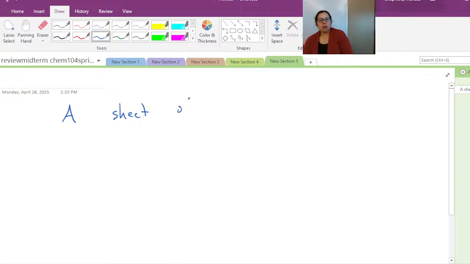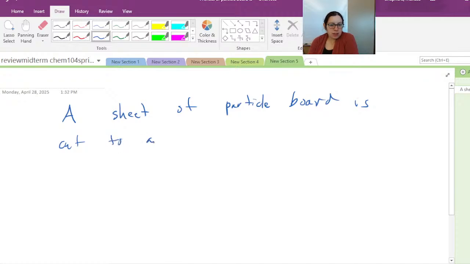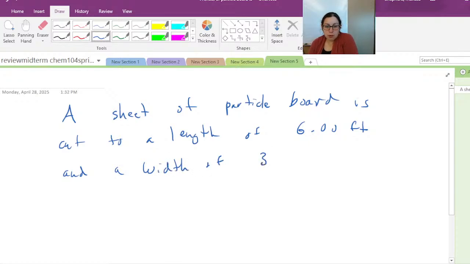So we have a sheet of particle board cut to a length of 6 feet and a width of 3.5 feet.